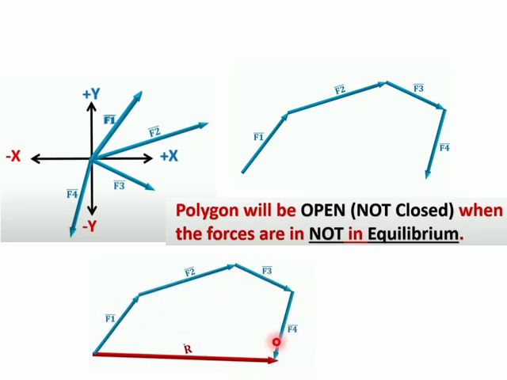F1, F2, F3 and F4 are moving in the clockwise direction, and the resultant force R is represented by closing the polygon in the opposite direction, that is, the anti-clockwise direction. If the polygon is still open, the forces will not be in equilibrium.